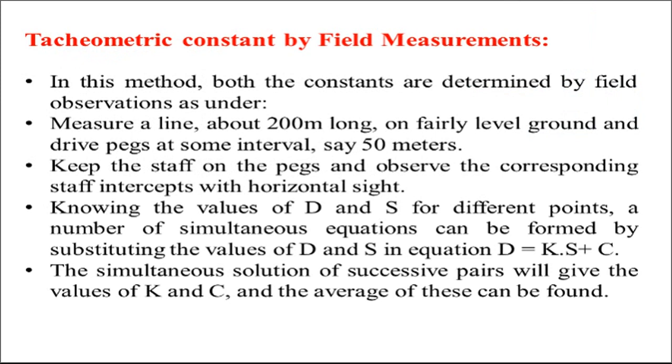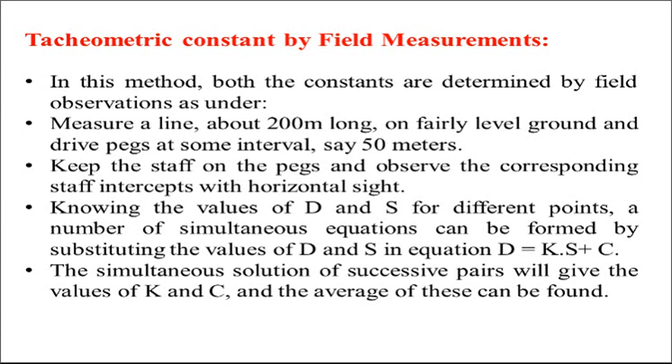So this is also one of the important techniques for determination of tachometric constants. In this method, both the constants are determined by field observations. So first step, measure a line about 200 meter long on fairly level ground and drive pegs at some interval, say 50 meter.